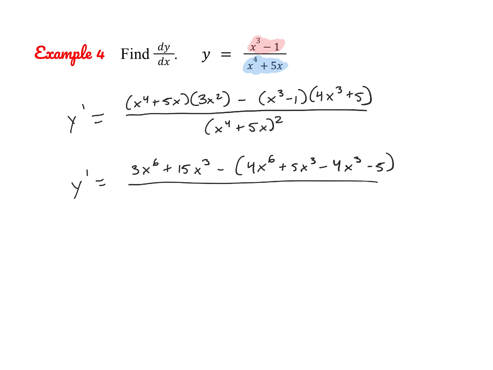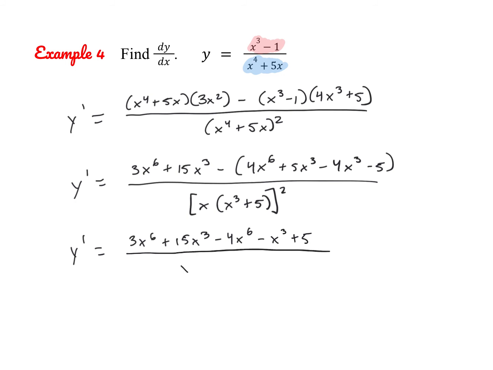And here we could try factoring out an x, and then we have x cubed plus 5, and all of that is squared. So we have y prime equals 3x to the 6 plus 15x cubed minus 4x to the 6. We have minus x cubed plus 5 all over x squared times x cubed plus 5 squared.